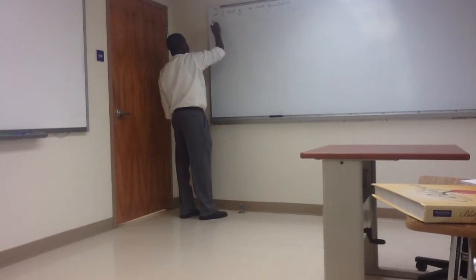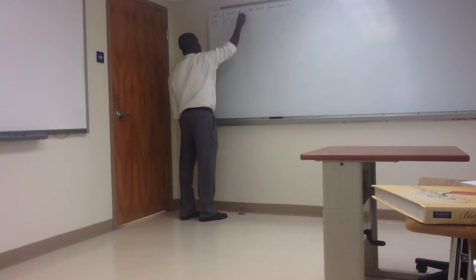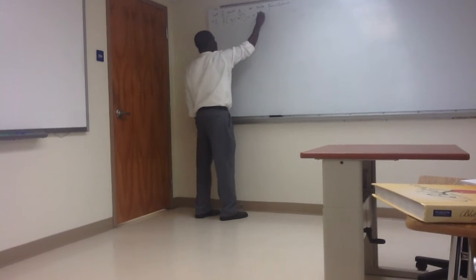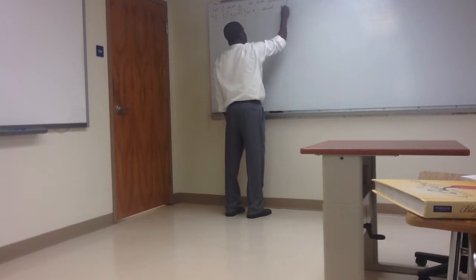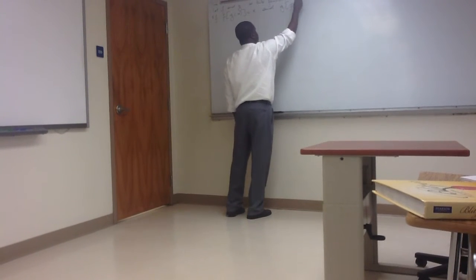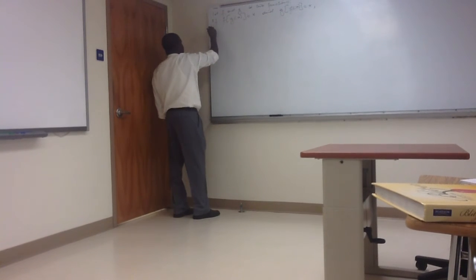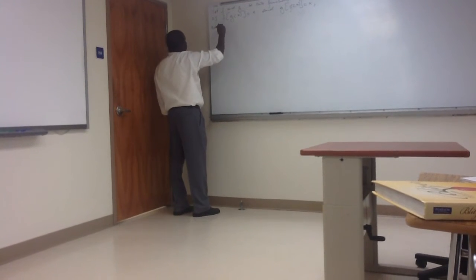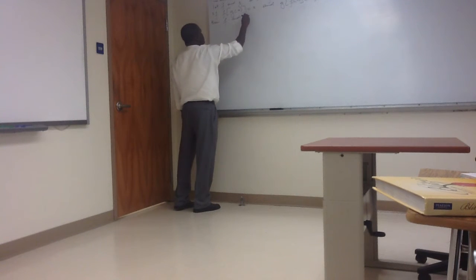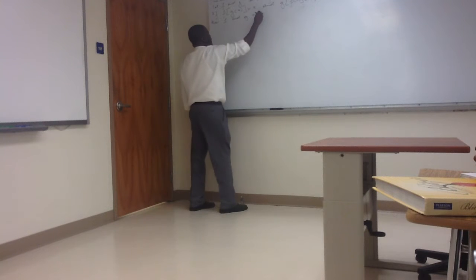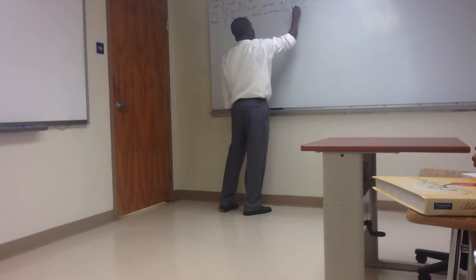If the composition f of g of x is x, and also the composition g of f of x is x, then it is safe to say that the functions f and g are inverses of each other.